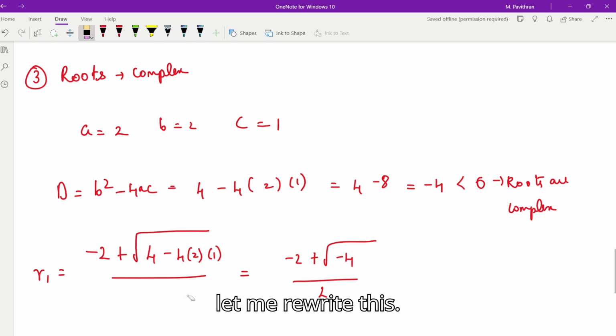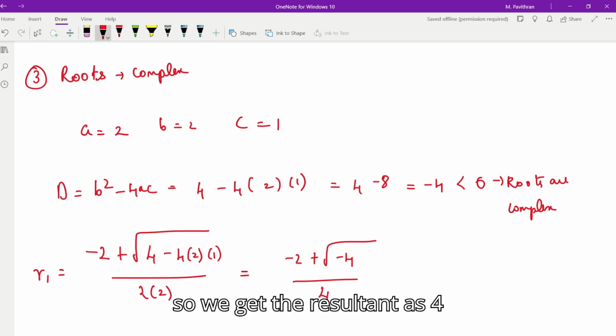Let me rewrite this. It is 2a, a is 2, so we get the resultant as 4, right?